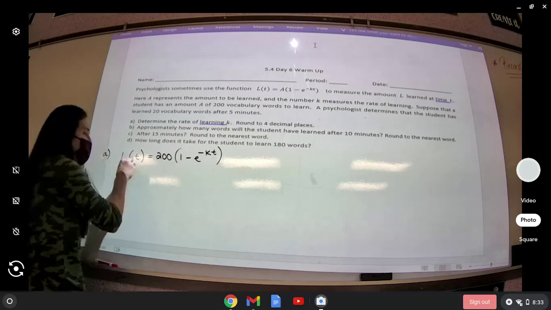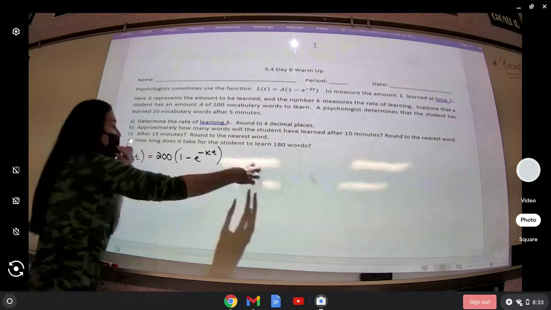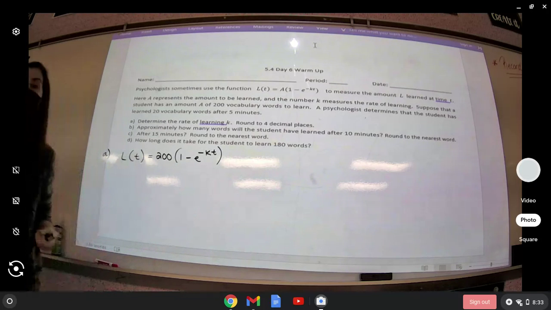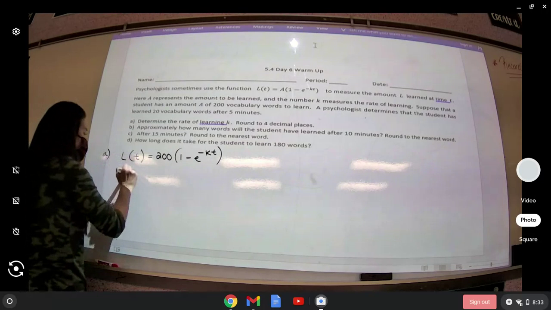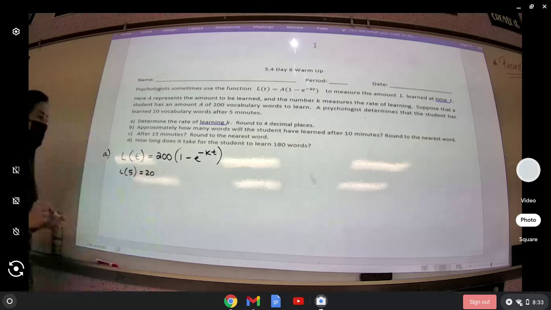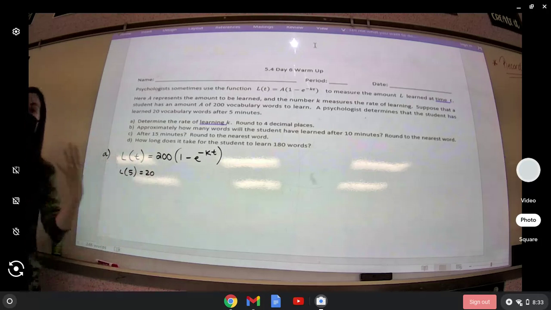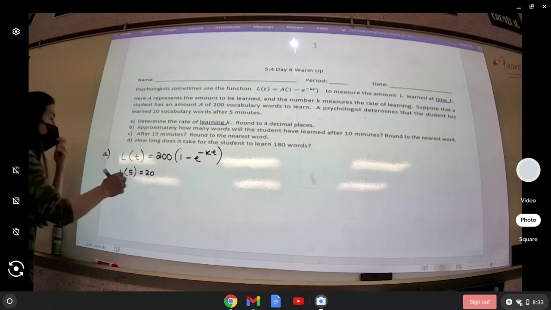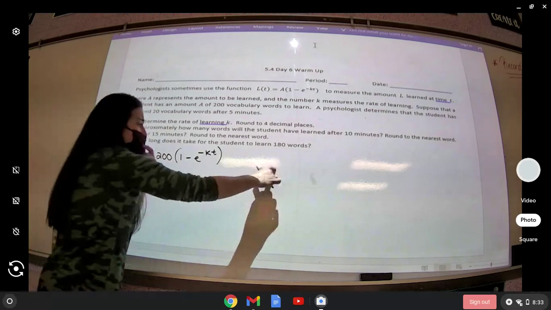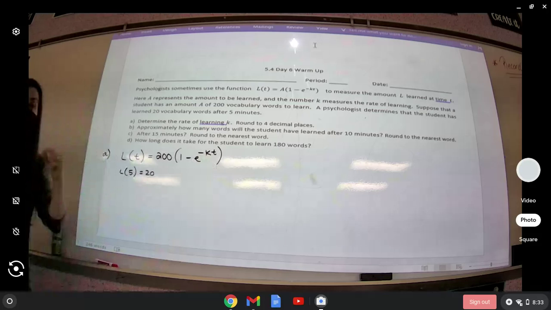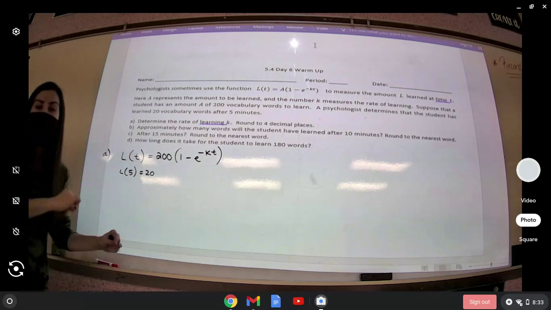So that means when 5 goes into this function, a 20 will come out. That will be the amount he learned after 5 minutes. So we know L of 5 is equal to 20. We know after 5 minutes, he should have learned 20 words. So now let's plug 5 into this equation, set it equal to 20, and we'll be able to solve for that K, for that learning rate.